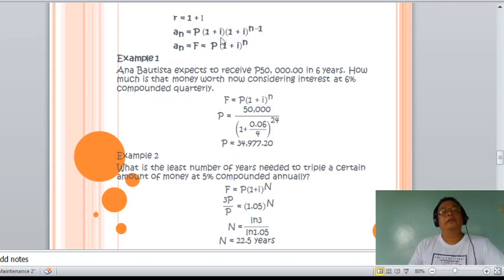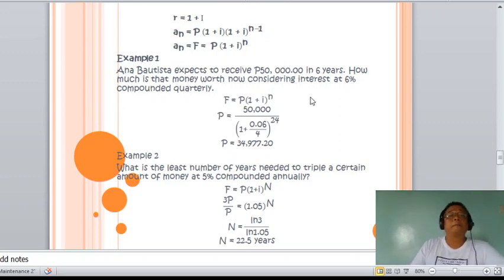So here, 1 plus i multiplied by (1 plus i) raised to n minus 1 is equal to (1 plus i) raised to n. So we have two derivations for the future amount of a compound interest. Okay, so let us now take an example on this.